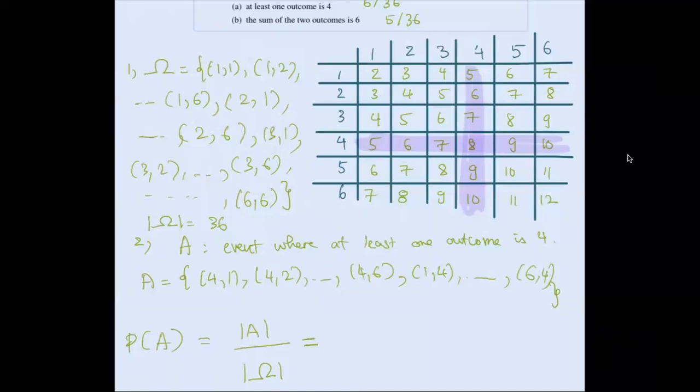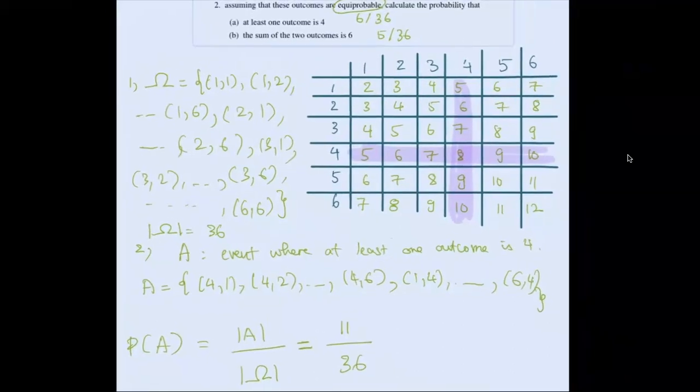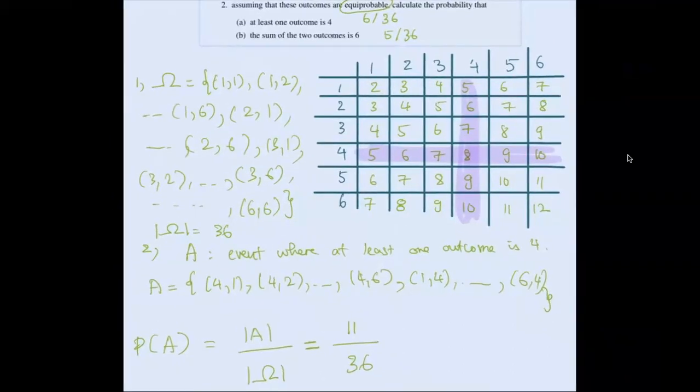And you will see, okay, how many elements are there in A? Here I have 6, right? Here I have 6, but then they overlap at this one, which means I have to subtract 1. So I would have 11 over 36. Yes, I did see the student answer change, not 6 over 36, but 11 over 36.